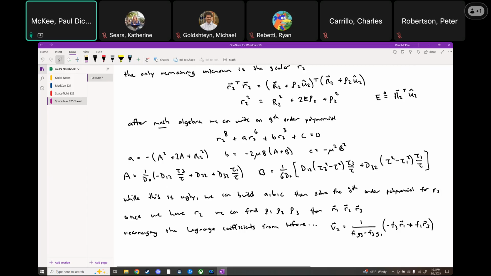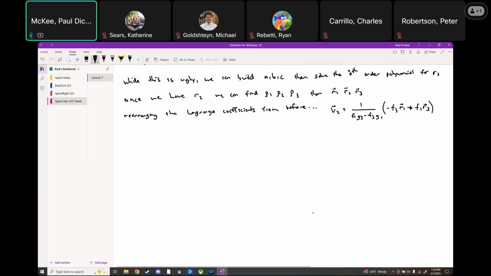Let me summarize this, because I realized this was quite a dense derivation to drink in. So thus, the Gauss procedure is: compute those time values, tau 1, tau 3, and tau. Step 2, compute the 10 scalar terms, Dij, we'll call them.